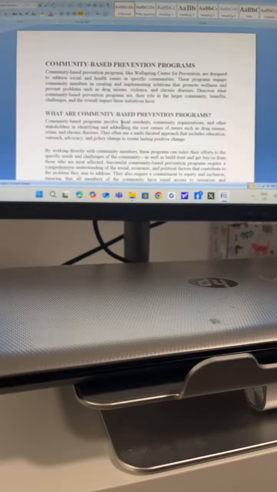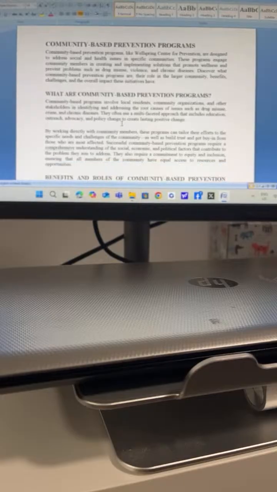By working directly with community members, these programs can tailor their efforts to the specific needs and challenges of the community, as well as build trust and get buy-in from those who are most affected.